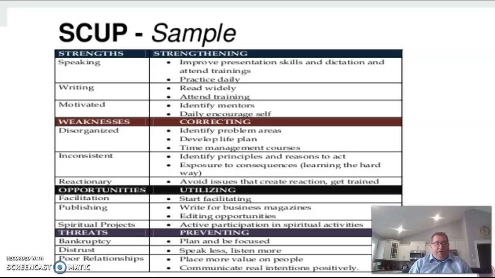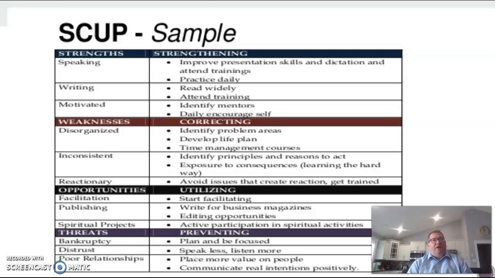As part of that SWOT analysis, and this is down the road after you've done it, there is another process: how do I strengthen my strengths? What can I do to make them even better than they are? How do I correct the weaknesses? Understanding and reflecting on your weaknesses is one stage.